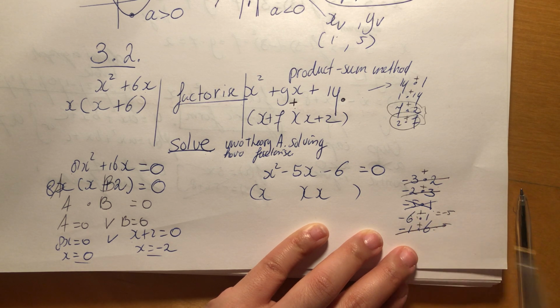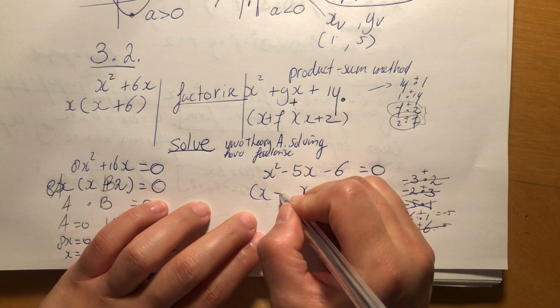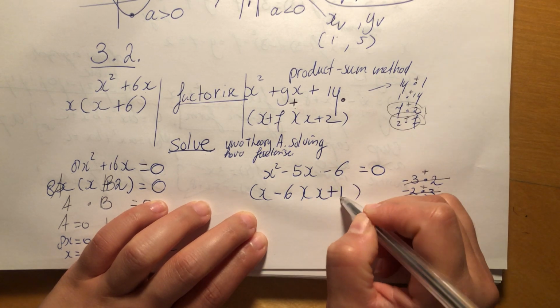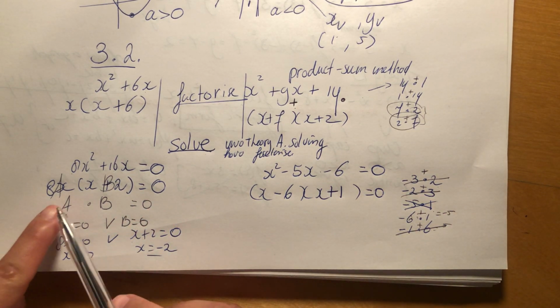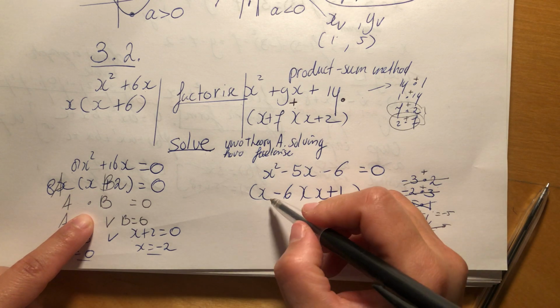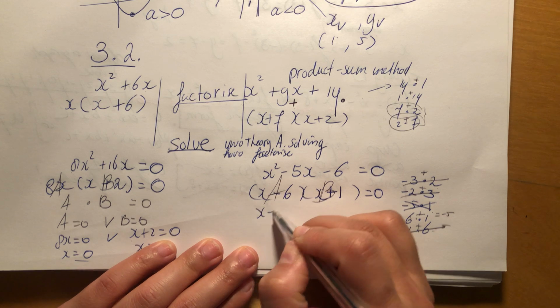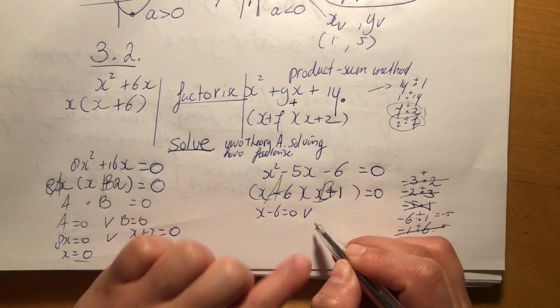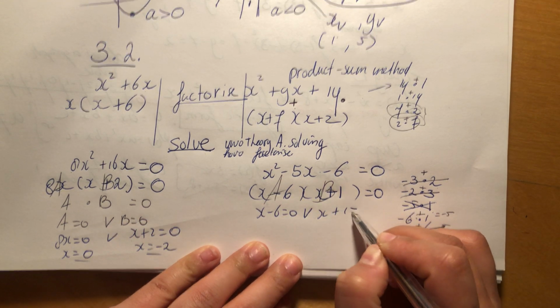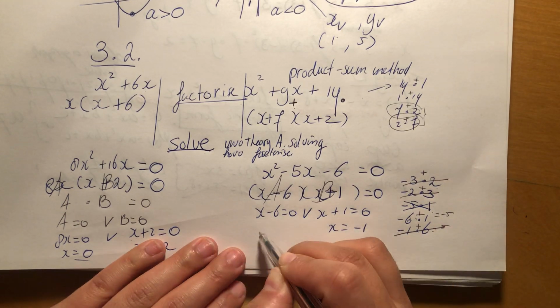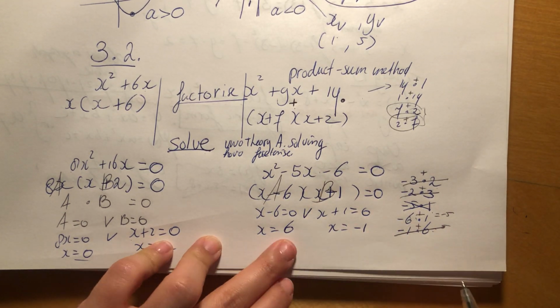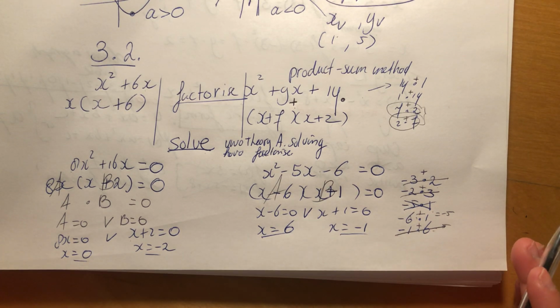So that's a no. So we're going to stick with negative 6 plus 1. Now, we use the same method. This is the A, this is the B. So we get x minus 6 is 0, or, this means or, x plus 1 equals 0. X will be negative 1, x will be positive 6. We found those two solutions.